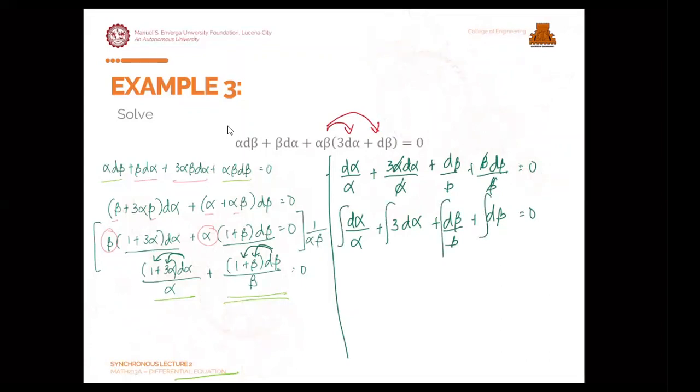Okay. So, ito will be d alpha over alpha is ln alpha plus 3 d alpha. So, 3 alpha plus ln beta plus beta plus c is equals to 0. Okay.